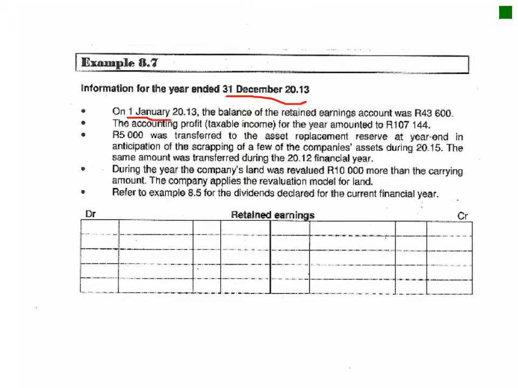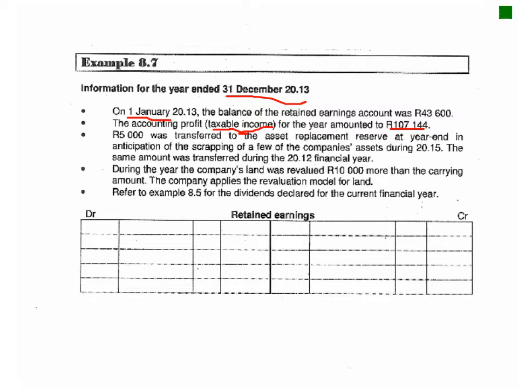They tell us the accounting profit, which is the taxable income. Now, in accounting 1-to-1, your accounting profit and taxable income will always be the same, and the amount is 107,144. So in other words, we need to pay tax on that amount.